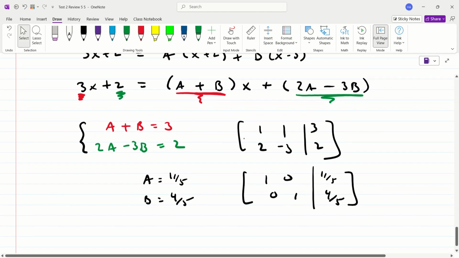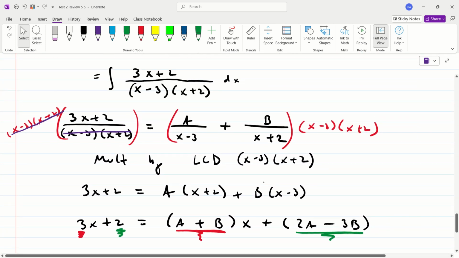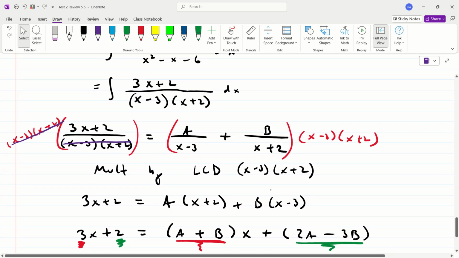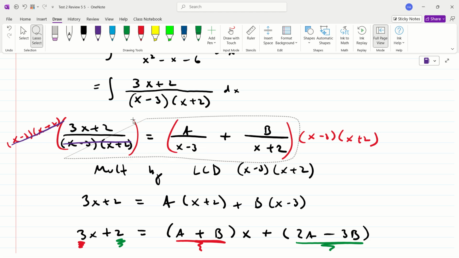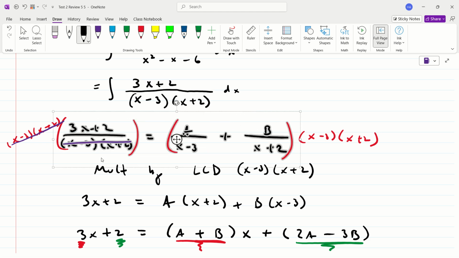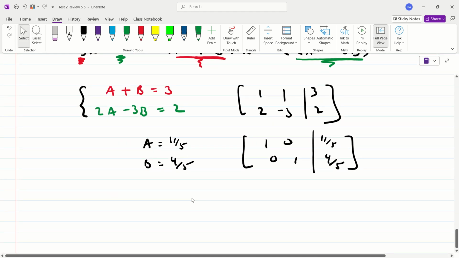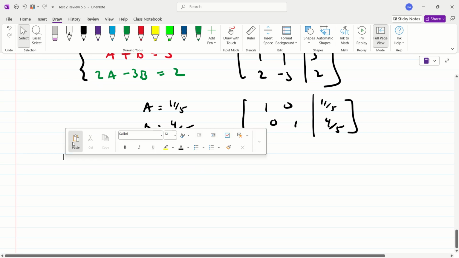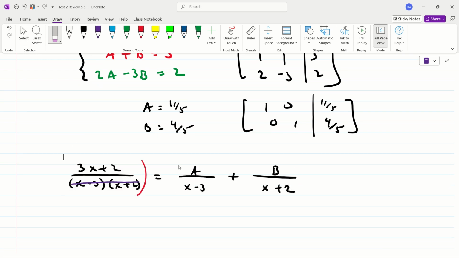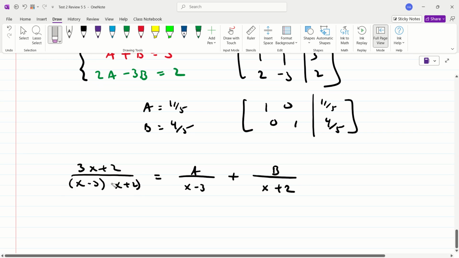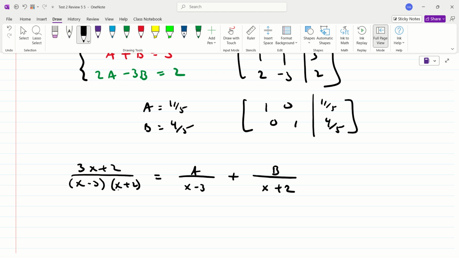So let me go up just a second and copy and paste a little something from here. So our job was to find the integral of this function, and that's going to be equal to the integral of that function.